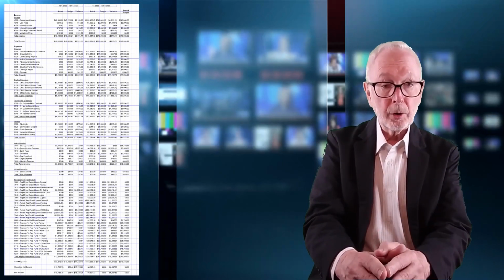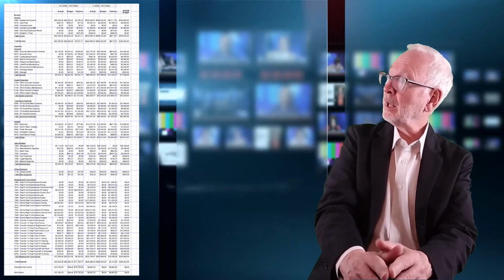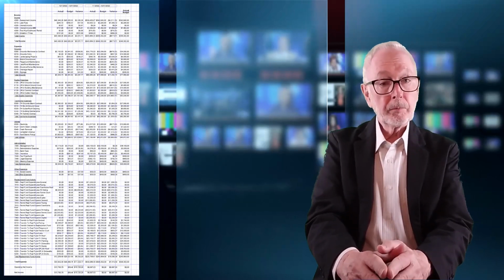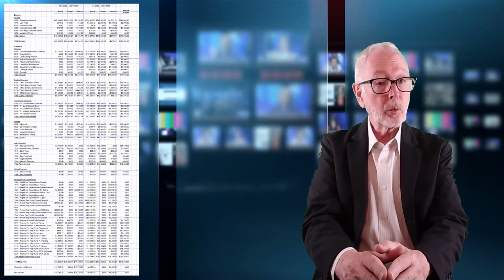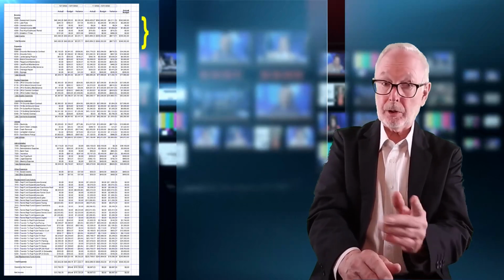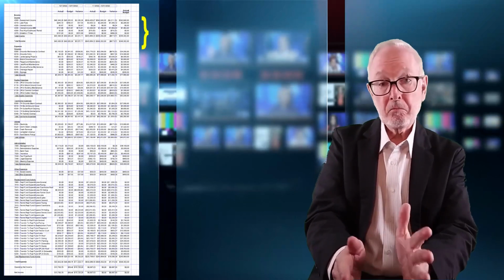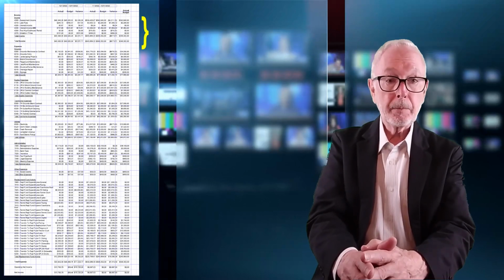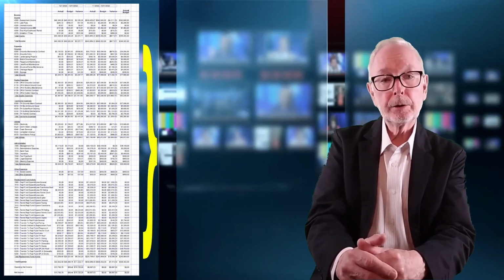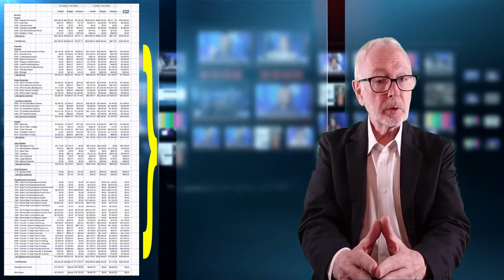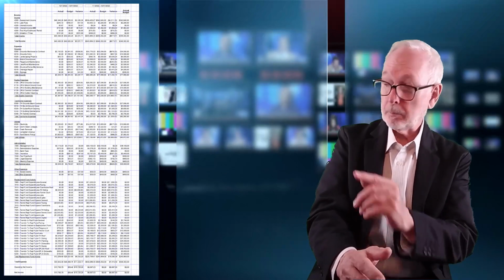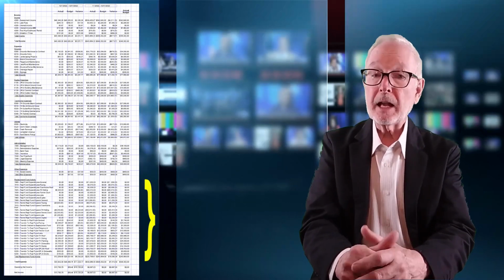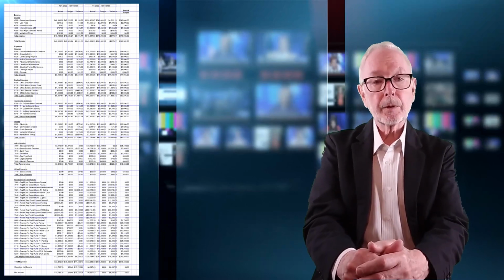The first thing to notice is that the analysis is laid out very similarly to the way the budget is laid out. At the top, we see sources of income, and in the remainder, we see individual expense categories, including at the bottom, data on the reserves.